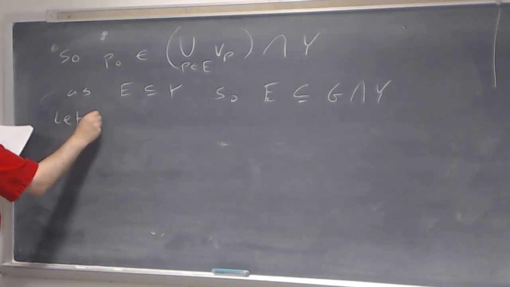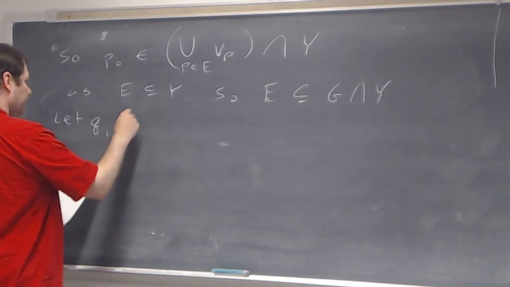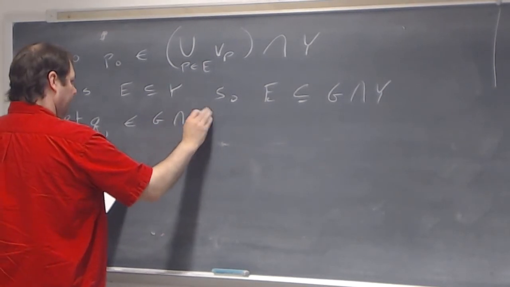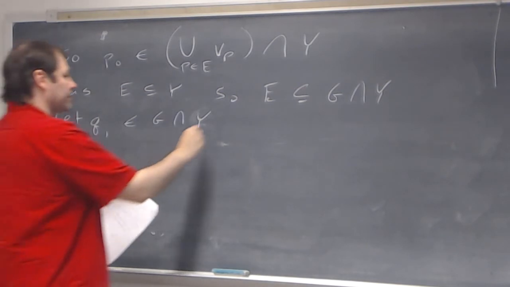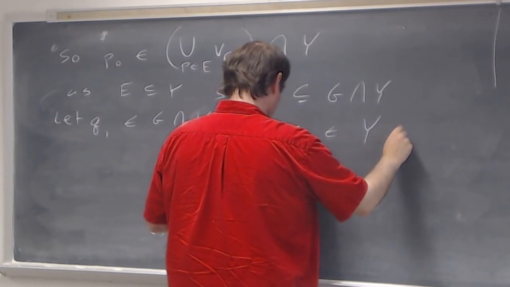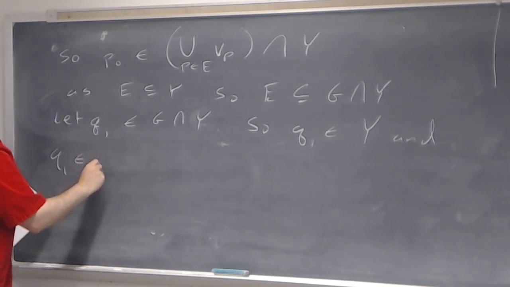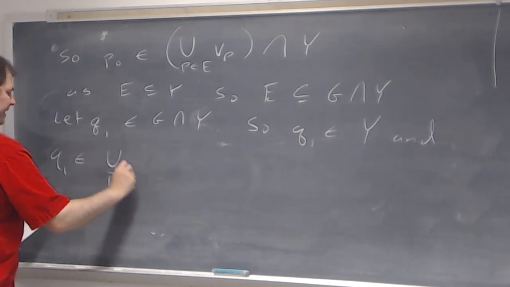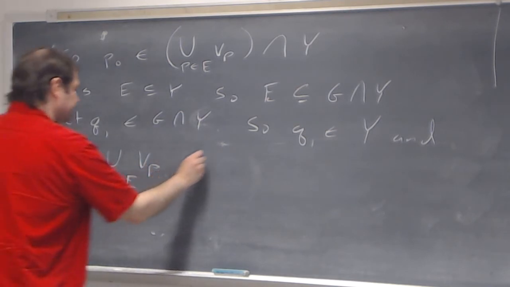So if we let Q sub 1 be an element of G intersect Y, we're going to show Q1 is in E. So what this says is Q1 is an element of Y, and Q1 is an element of the union over all P's in E of B sub P. So what does it mean to be in this union?